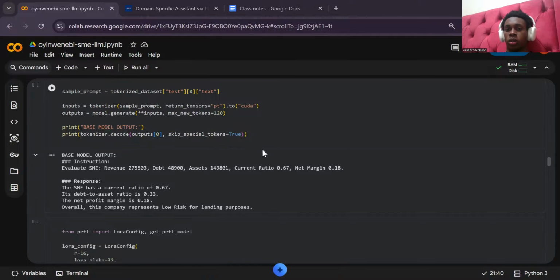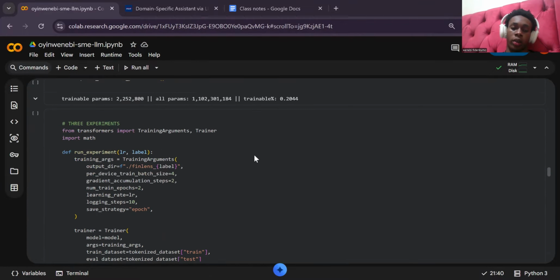Fine-tuning allows the base LLM to specialize in financial risk analysis instead of generic text generation. This transforms it from general purpose into domain specific. I like to call it an assistant because it's very helpful.